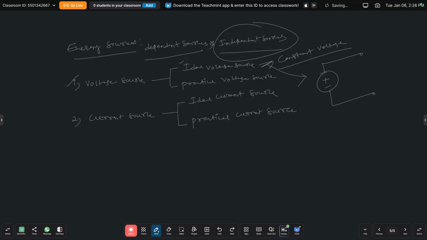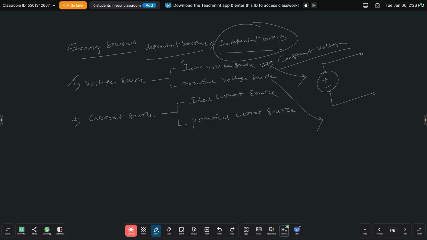How can we represent the practical voltage source? The ideal voltage source gives a constant voltage across its terminals irrespective of the current. But in general every practical voltage source has a small internal resistance which is in series with the voltage source.